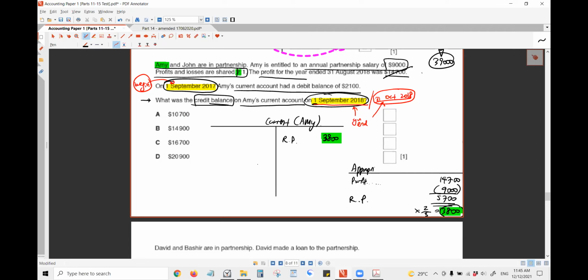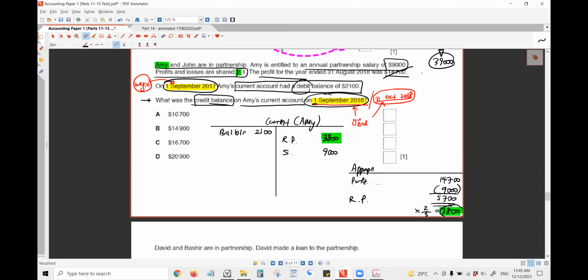And then what other things does Amy get? The salary, 9,000. They say that the current account has a debit balance initially, so the debit balance is here.